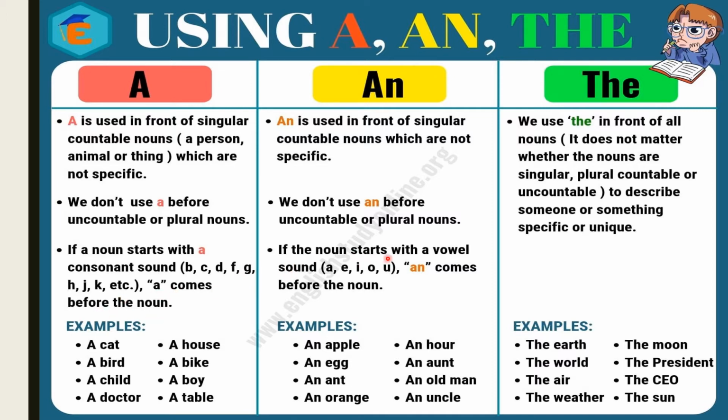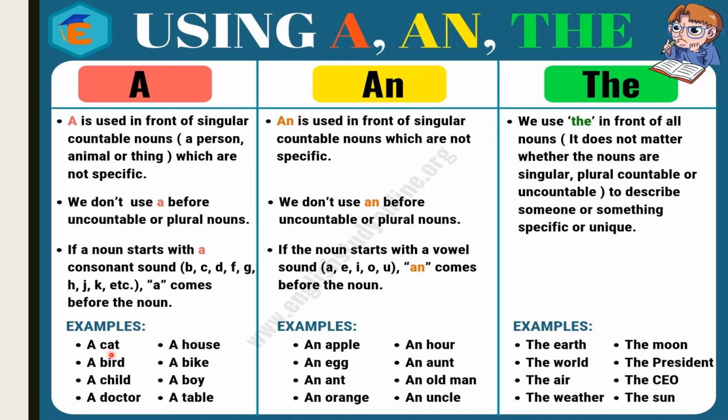And if the noun starts with a vowel sound, the letter names are A, E, I, O, U, and the sounds are a, e, o, then the article an comes before the noun. Some examples I will take now to explain it more clearly.